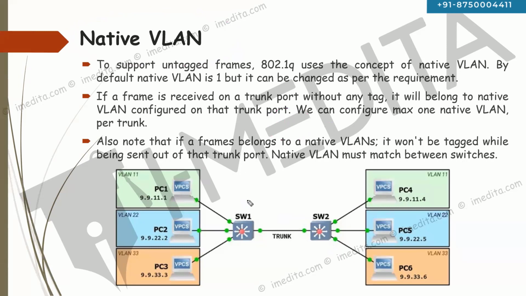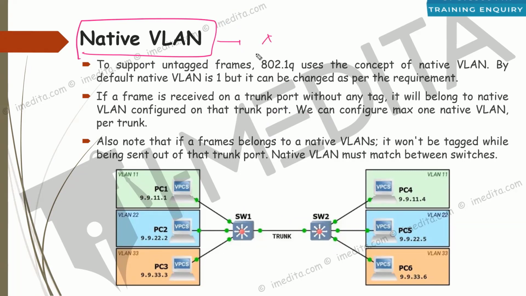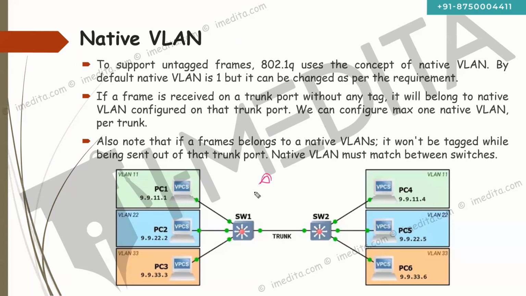But there are some types of traffic in our production environment for which I do not want to perform tagging, such as our voice traffic. When you study voice video, collaboration, those voice packets are very small packets, which I do not want to be overloaded with even that 4-byte long tag.